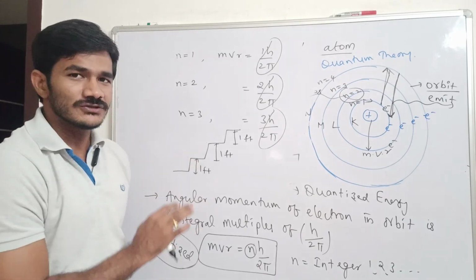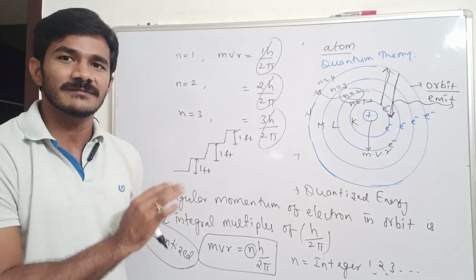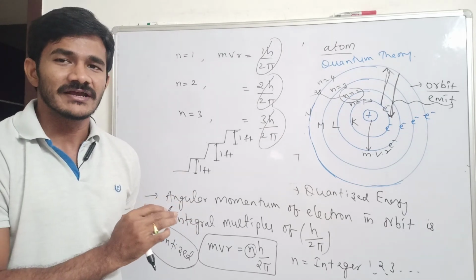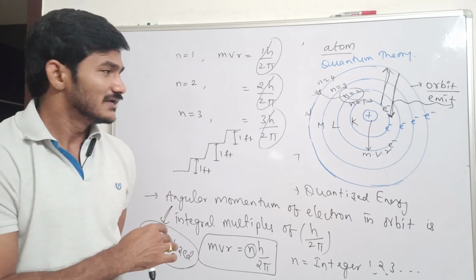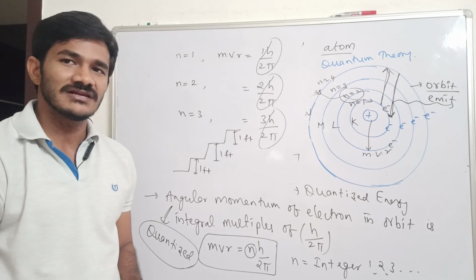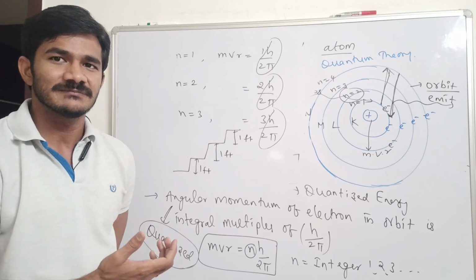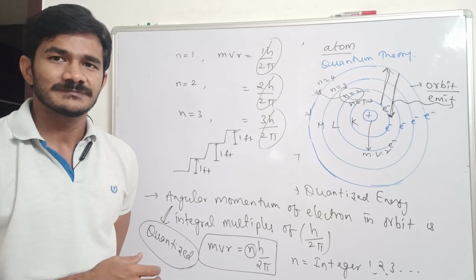Okay, so this is all about Bohr's theory, Bohr's model of an atom, just the postulates given by Bohr's model. After these postulates, we have to learn the energy of the electron in different energy levels, the radius in different energy levels, the velocity, and how to calculate those values.